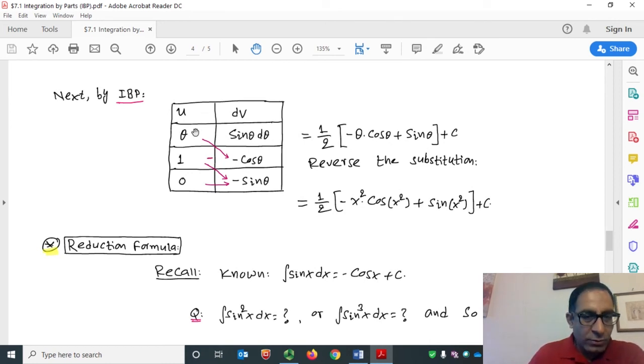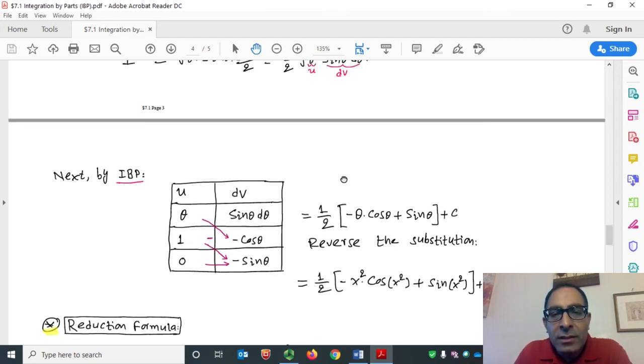Derivative of theta with respect to theta is 1, and take the derivative of 1, which is 0. Under the dv column, take the integrations. Integration of sine theta is negative cosine theta, and integration of negative cosine theta is negative sine theta. And under the u column, our derivative ends in 0, so we stop here.